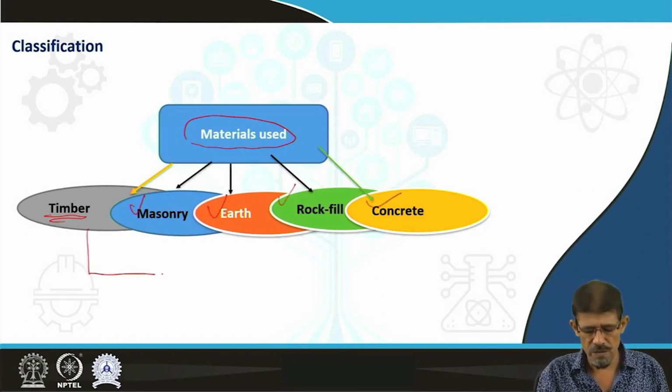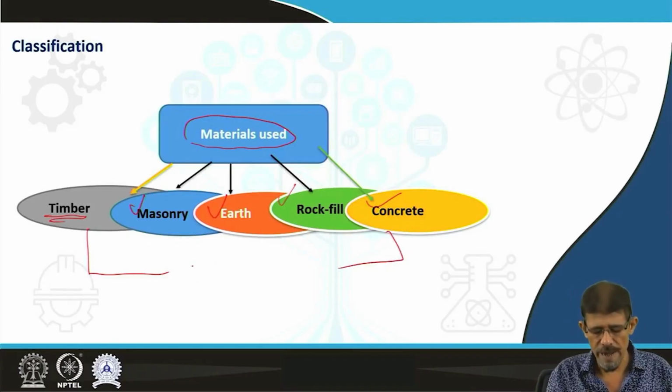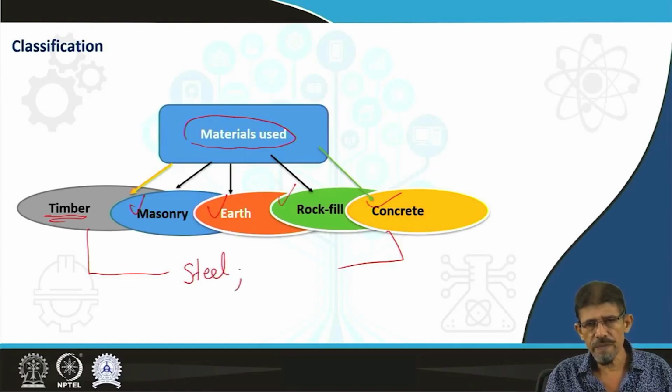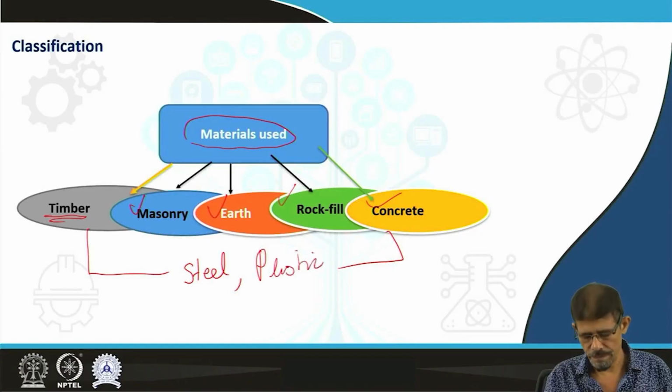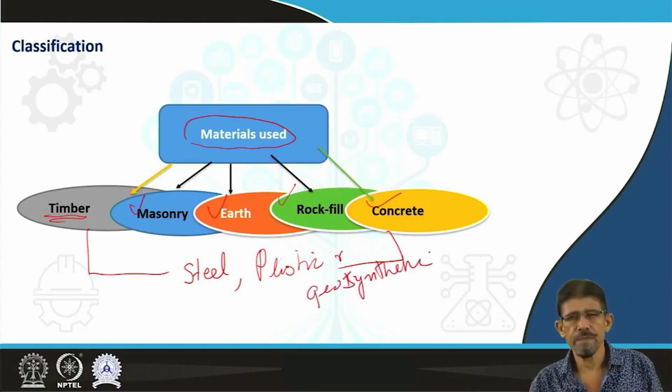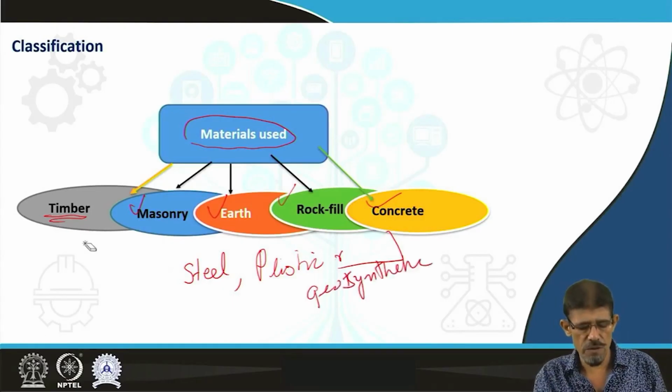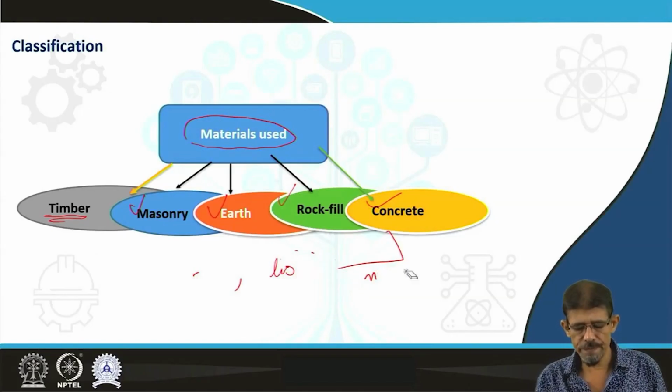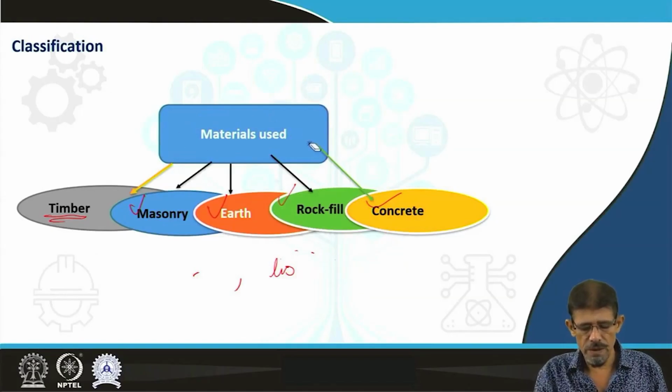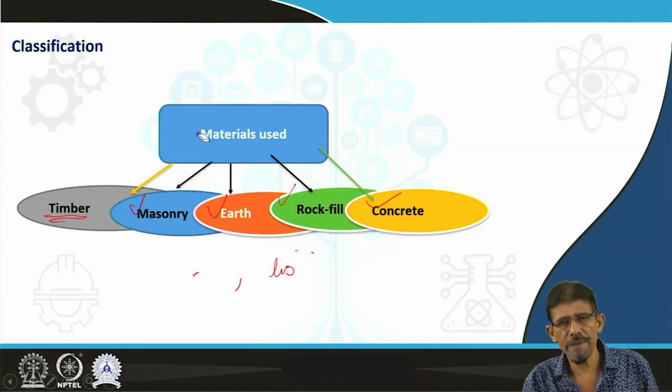In addition to these, we have some examples of dams made up of steel, plastic and some geosynthetic. So one by one we are going to elaborate the dam types based on material used.